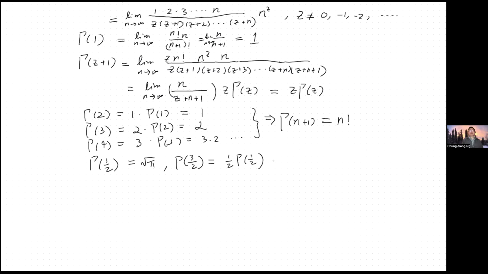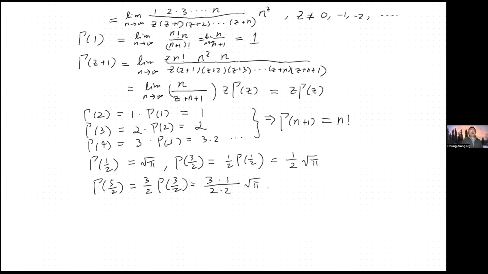So this is 1/2 square root of pi, and you can keep doing that. So gamma 5/2, and all the half integers: gamma 5/2 would be 3 times 1 over 2 times 2, and square root of pi.